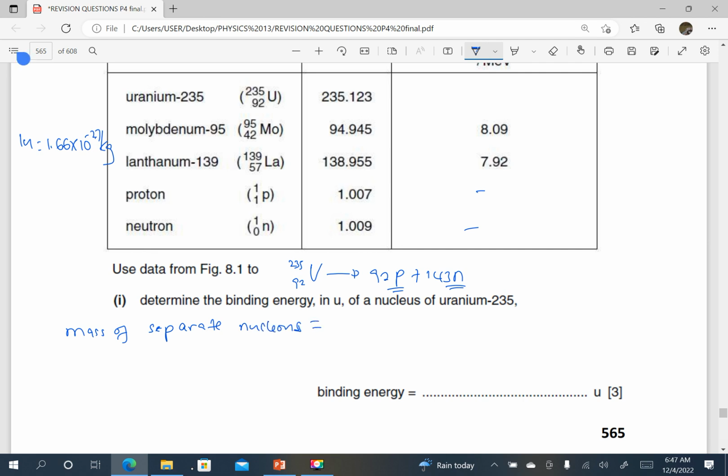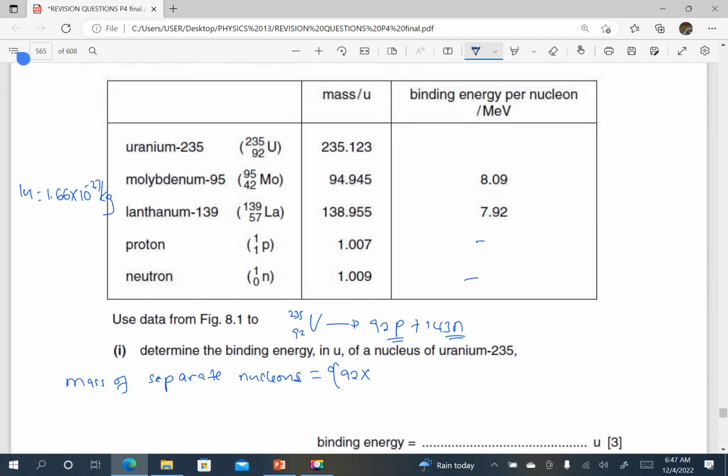The mass of the separate nucleons is going to be equal to, now we have 92 protons, but each proton has a mass of 1.007 U, plus we have 143 neutrons, but each neutron has 1.009.